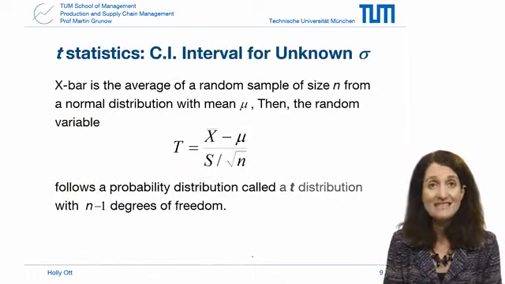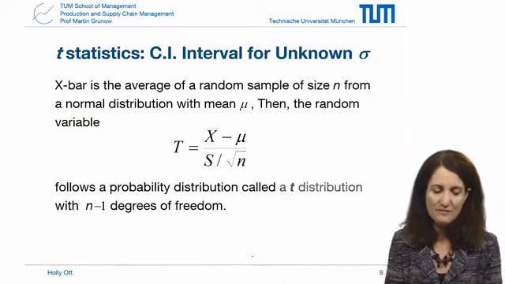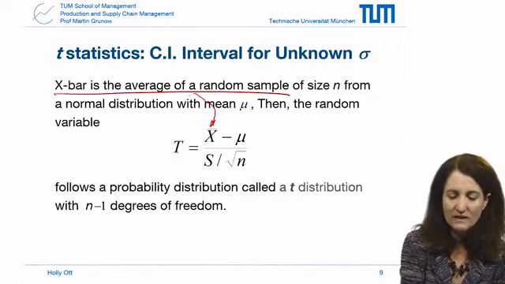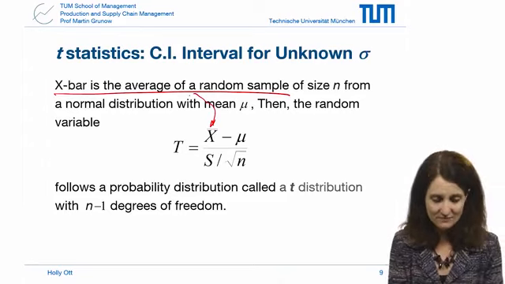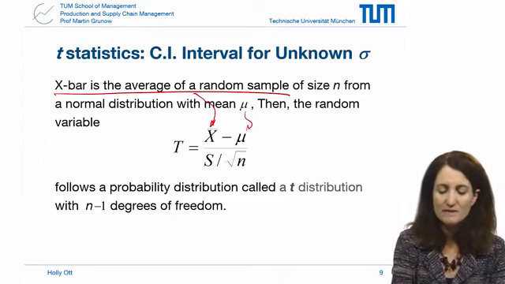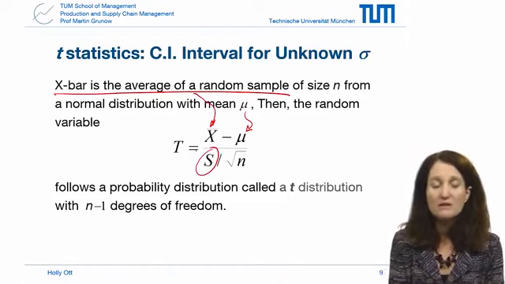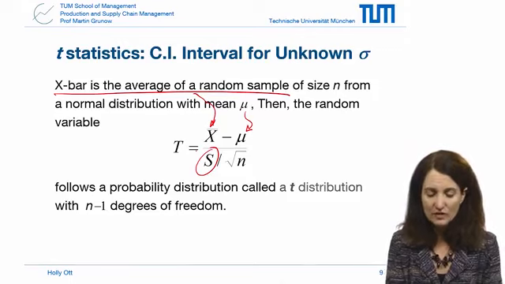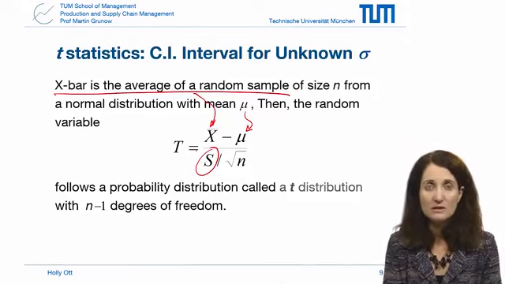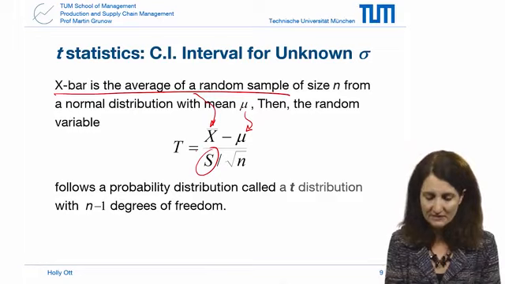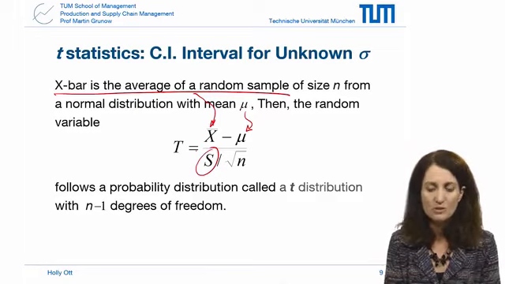Instead of our z variable, we've got a t variable where x bar is the average of our random sample of size n from a population with mean mu. And we have here the sample standard deviation. Now, we've learned how to calculate that in the first course. You take every value in your sample, the distance from the mean, and square it, and divide by the square root of n minus 1.